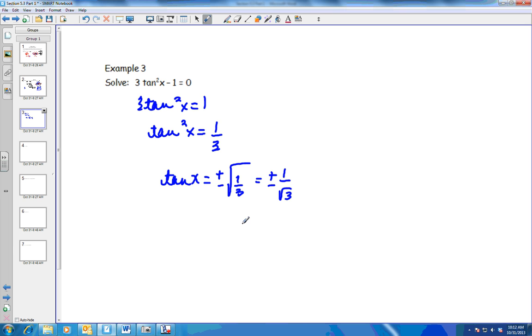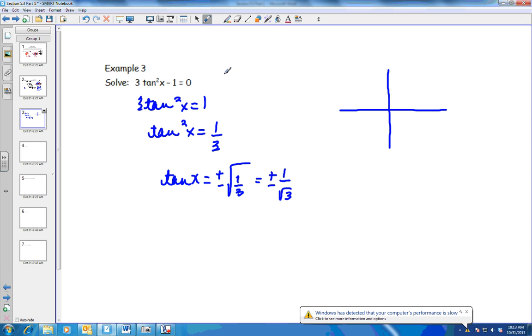So I want to draw my triangles where tangent is positive and negative, which would be all 4 quadrants. Now here's the thing though, before I draw my triangles, let's talk about, since I don't have an interval, that means since all my trig functions are periodic, remember the period for sine is 2 pi, so after 2 pi my answers start repeating themselves.